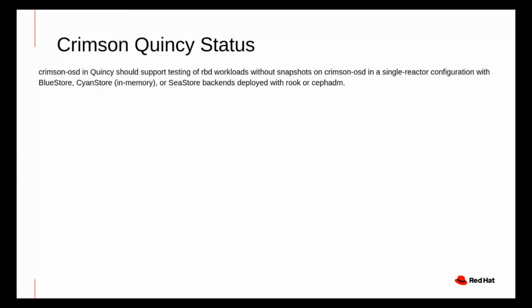I think this is a fairly decent initial milestone, though I fully expect there'll be quite a lot of bug fixing along the way. But this will let us start evaluating Crimson in a somewhat more real situation.